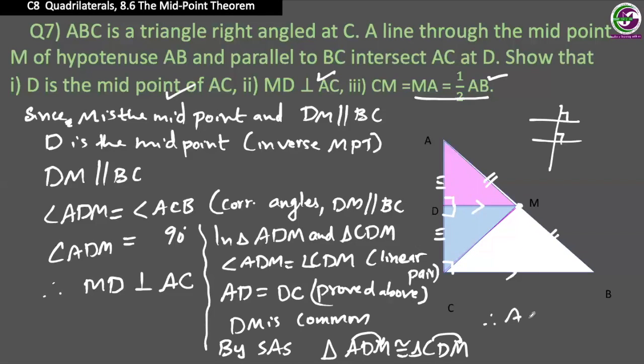Therefore, AM is equal to CM. But AM is equal to half of AB. Therefore, altogether we get CM is equal to MA is equal to half of AB.